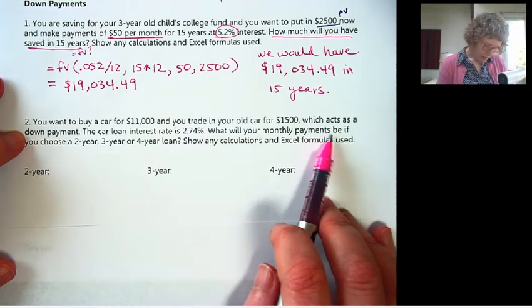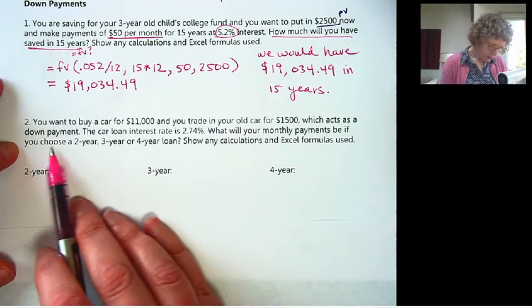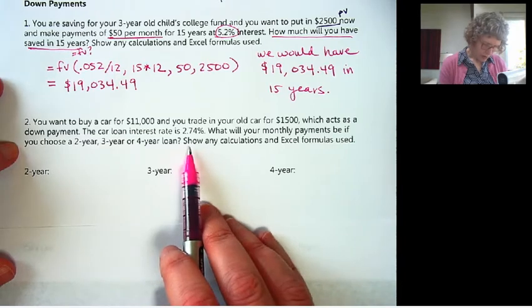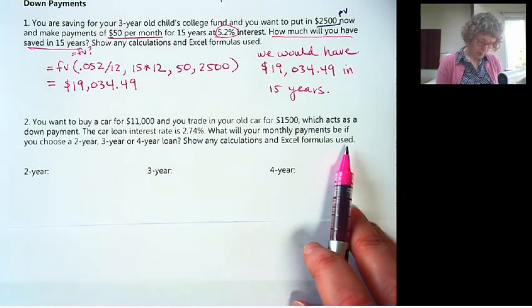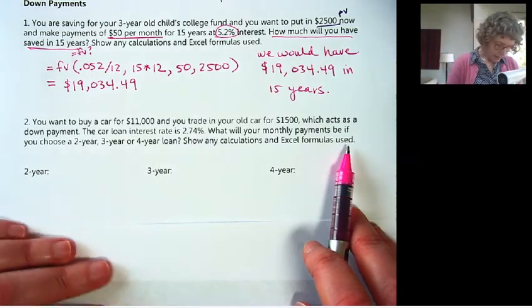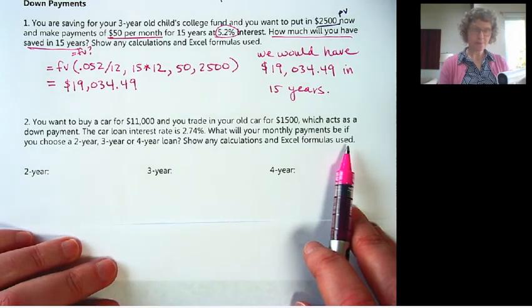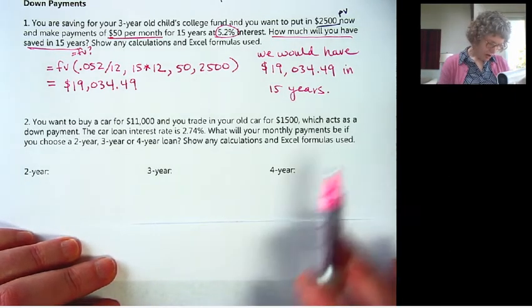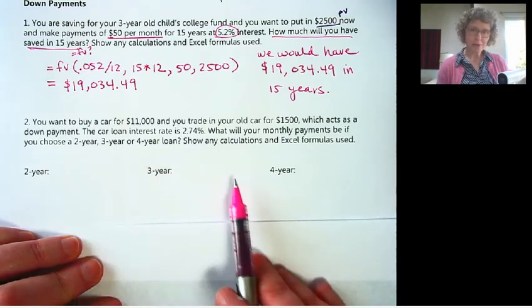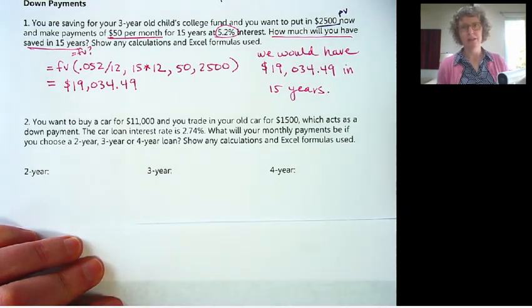What will your monthly payments be if you choose a 2-year, 3-year, or 4-year loan? Show any calculations in Excel formulas used. Okay, it's a great real-life problem. I want to buy a car and I want to see what the different payments would be. I don't want to stretch it out too long, but I want the payment to be affordable.